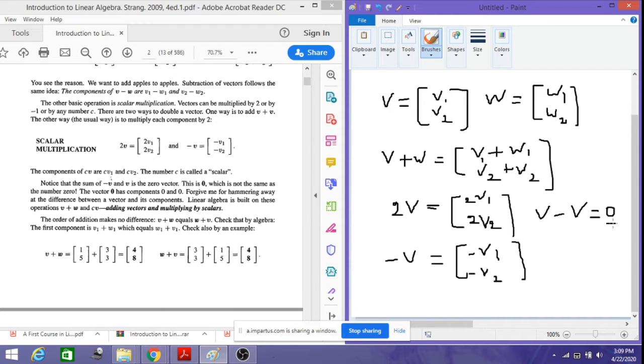So this 0 doesn't mean that it is the actual number 0, but it is the vector 0. It means its components are 0 and 0. So that is the meaning of it. So these are the two operations that are performed on the vectors, that is addition and multiplication.